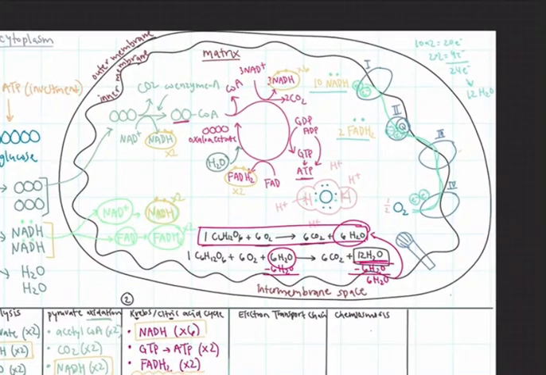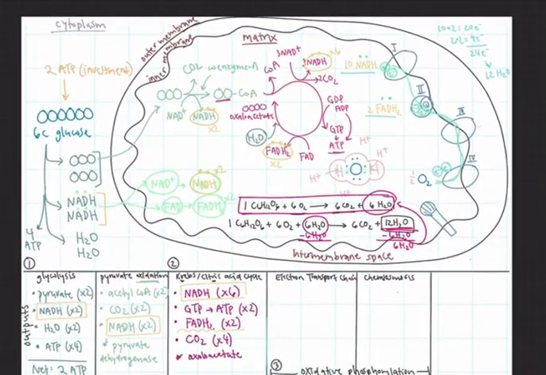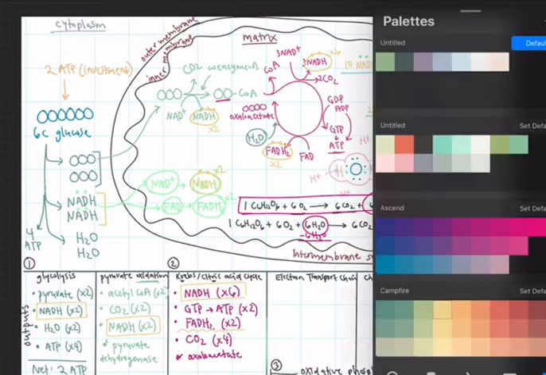Okay, so now that we've cleared up what can be a common question that arises when students try to calculate exactly all the products that are generated from cell respiration, we got water down. So we're going to come down here to the output section and fill in the outputs for the electron transport chain.